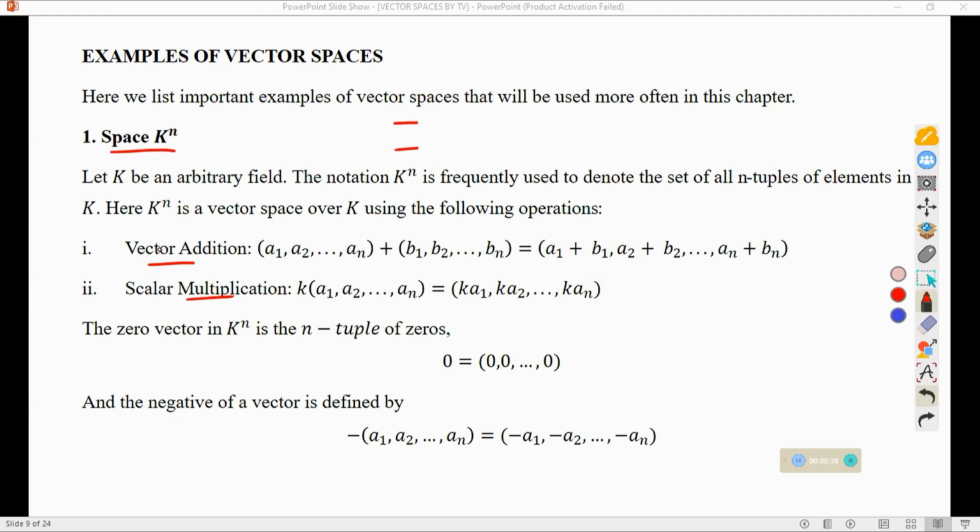Knowing these two will help you to prove the remaining axioms, because the most important thing is to know how to add.